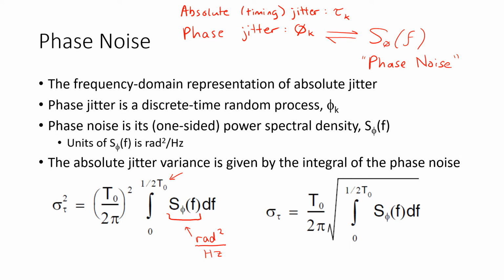So integrating over all these frequencies gives us the variance of the phase sequence phi, and then we simply can normalize it by the period of oscillation and 2 pi radians to get the variance of the absolute jitter.